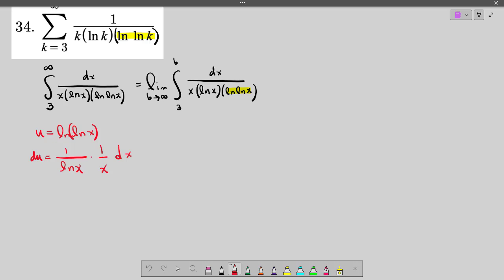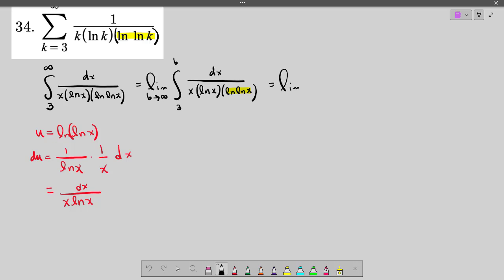So we end up with 1 over x ln x, so this is 1 over x ln x dx. This whole chunk right there can be replaced with du. So that's going to simplify it tremendously.